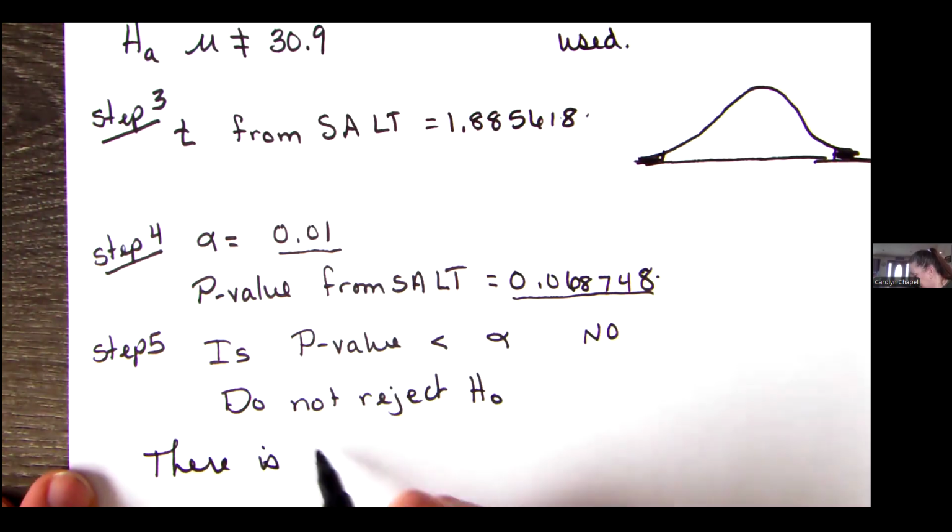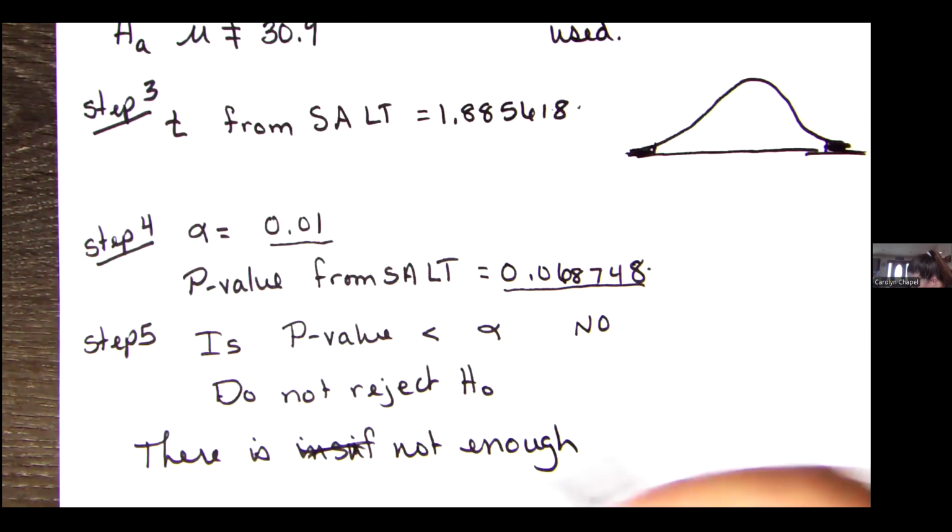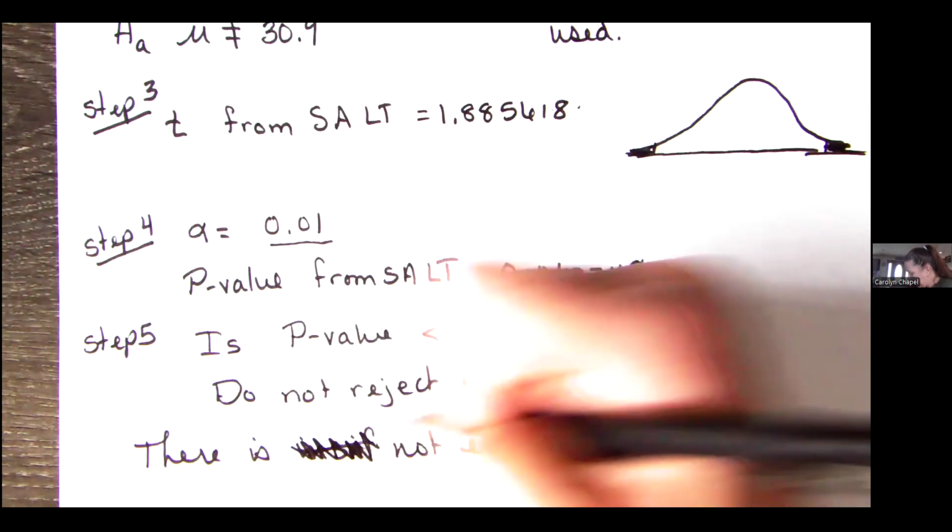In other words, there is insufficient, or not enough, should have went the other way. There is not enough. Yes, my spelling is not good, so we are not going to spell insufficient today.